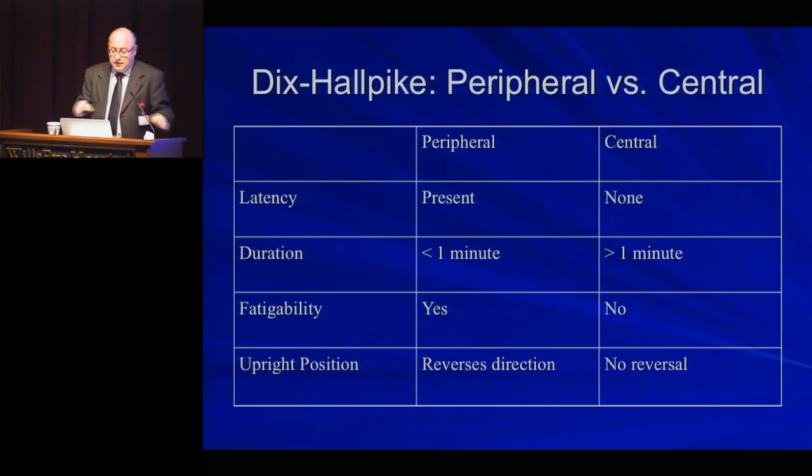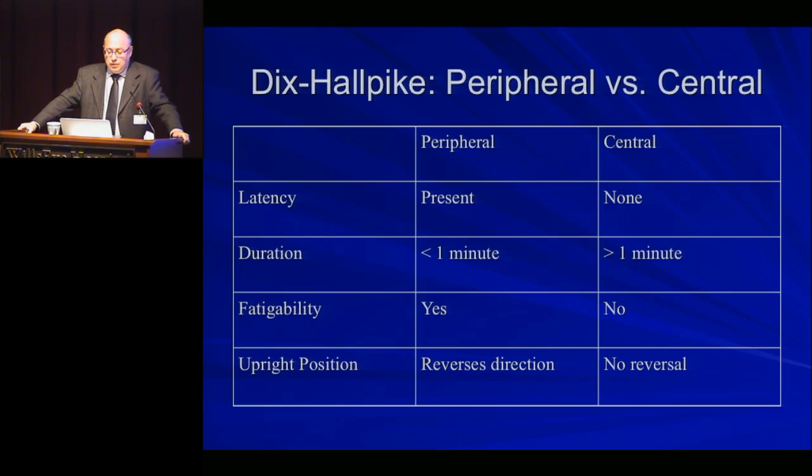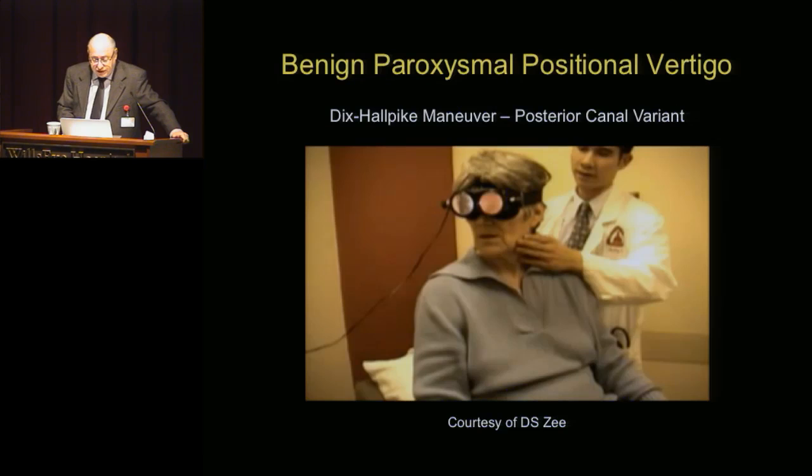Practically speaking, for every one central positional vertigo patient, you might see probably 50 peripheral. So here's a patient of Dr. Z's, and he was kind enough to share it. A Dix-Hallpike maneuver to the right in a patient with right benign paroxysmal positional vertigo. Focus on the left eye, and you'll see the nystagmus, which will be both torsional and upbeat.